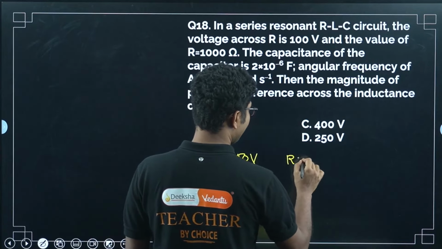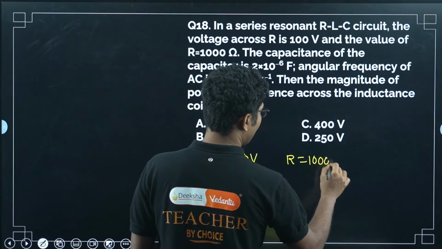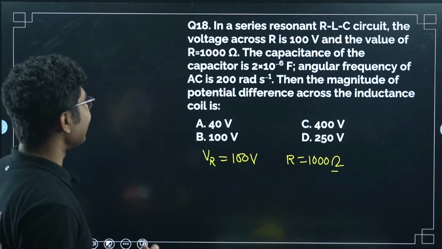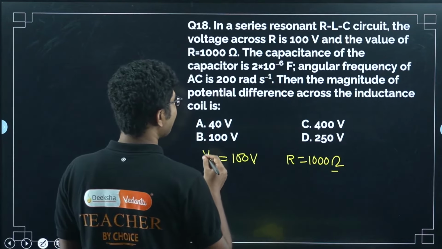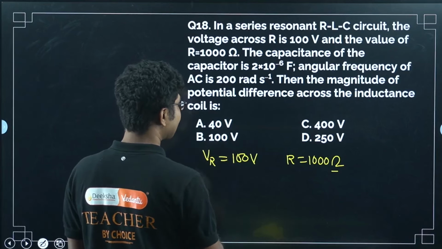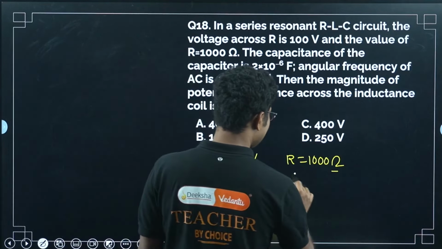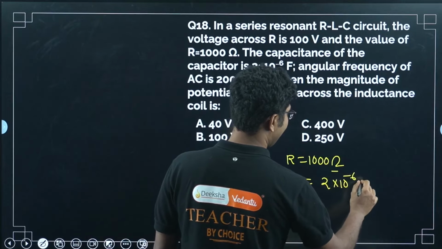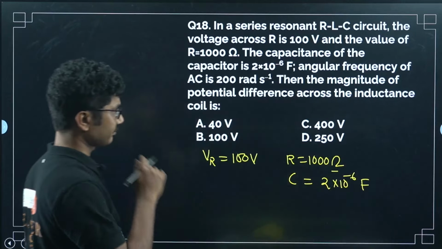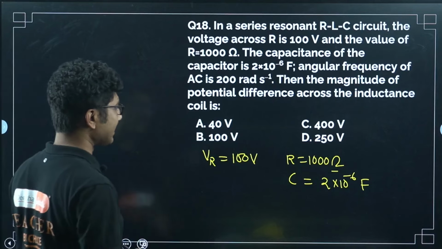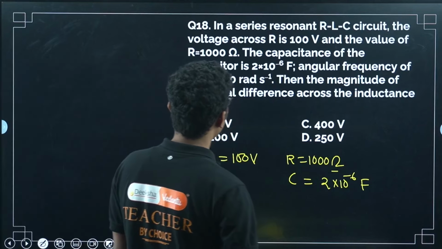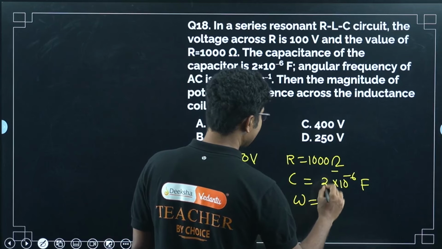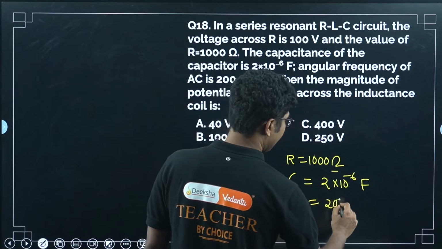The capacitance of the capacitor is 2 times 10 to the power minus 6 farad, that is 2 microfarad. Angular frequency of the AC is 200 radian per second. So angular frequency means omega. Omega is given as 200 radian per second.